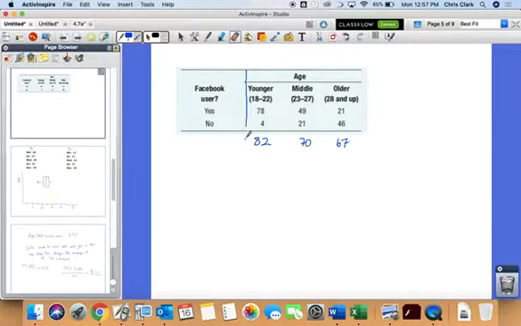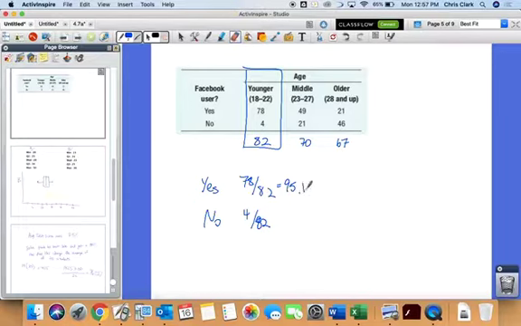And then to find the conditional distributions for the younger age group, for yes, I take 78 divided by 82. For no, I take 4 and divide it by 82. Okay? And I'm going to write those in percentages. This would be 95.1%. This would be 4.9%. Okay, and I do that for middle and older, and that's how I calculate conditional distributions.